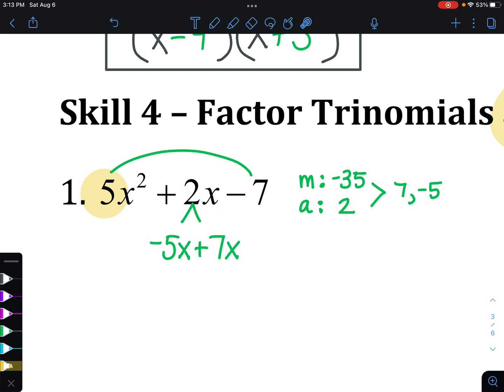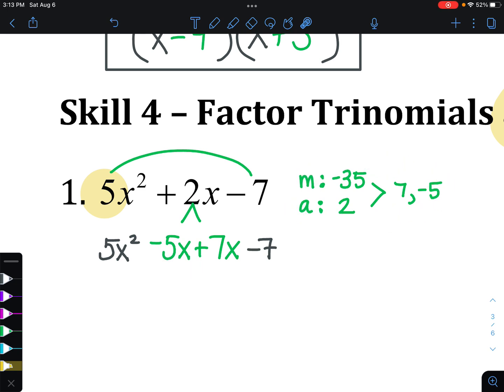So notice I'm not changing the equation at all. I'm just splitting it up to write it as 2 terms. And I'm going to drop the first and the last guys down. So it's going to be 5x squared and negative 7. Again, those just came from the original polynomial. Just drop those down. And I split the middle term from this step here. Why did I do that?